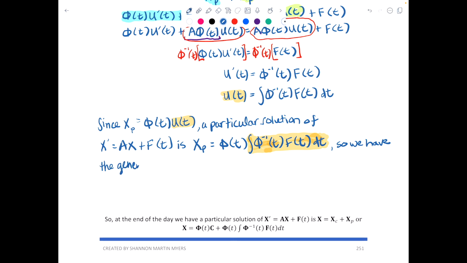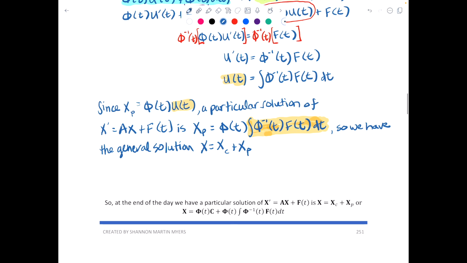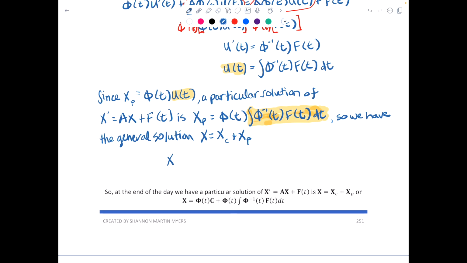All right, and then finishing it up, we have the general solution, which, remember, was x equals xc plus xp, which gives us a result of x equals phi at t times c plus phi at t times the integral of phi inverse at t times f at t dt.